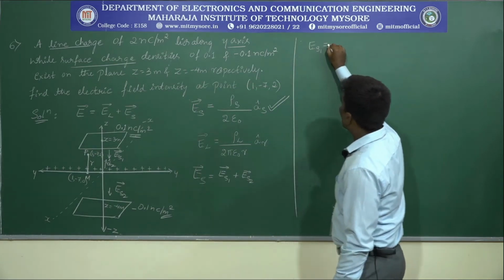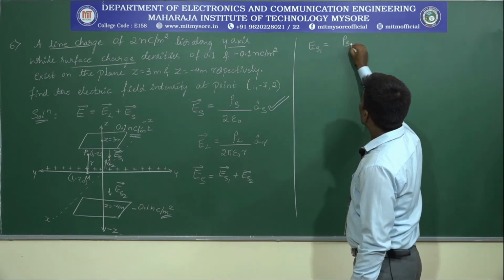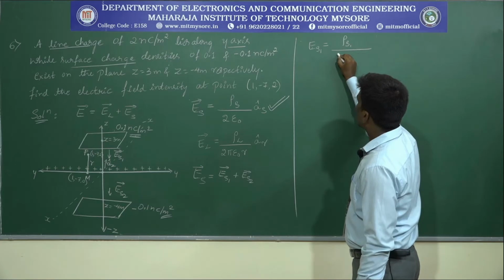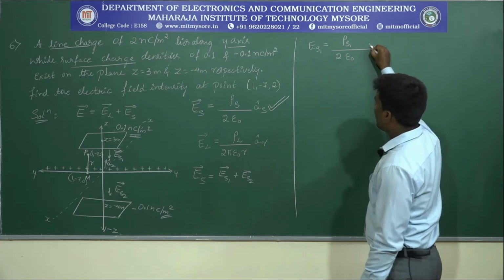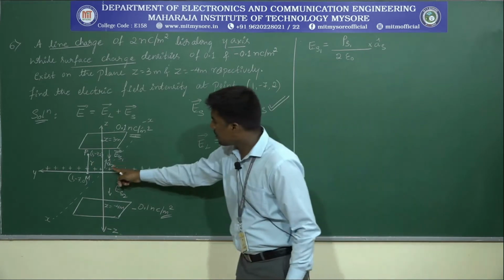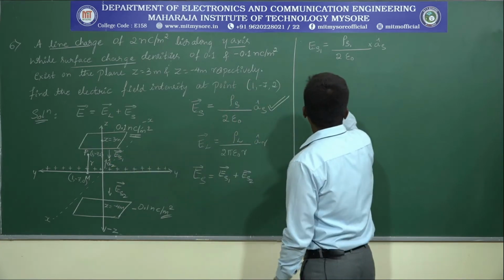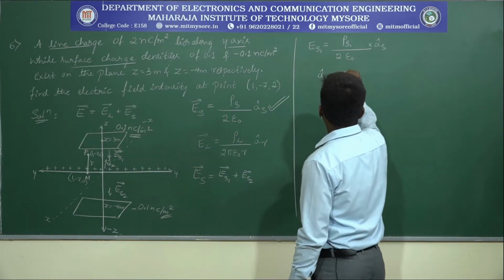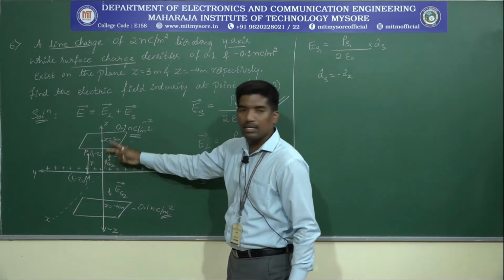ES1 is equal to rho S1 divided by 2 epsilon naught into A cap S. See, A cap S is opposite to this, hence it is minus A cap Z. A cap S is equal to minus A cap Z in this direction due to the opposite direction.